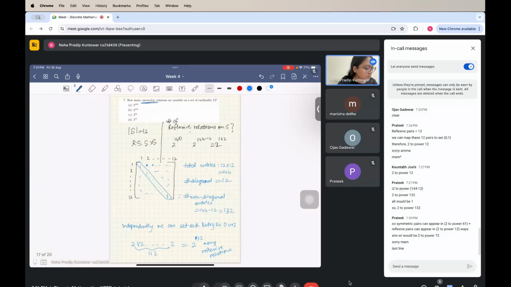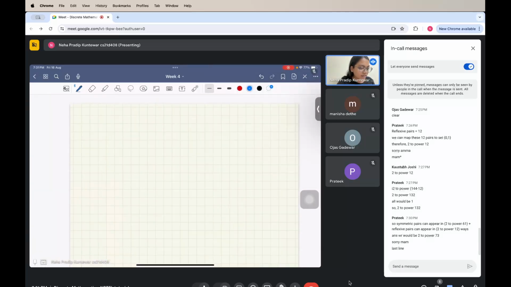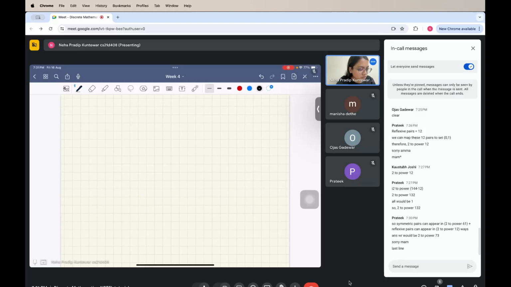So let's spell it out. You have this matrix which is of dimension 12 by 12, and now what are the elements that you have control over? You can have any values here. So you have total freedom over these diagonals, because symmetry does not say anything about the diagonal values.